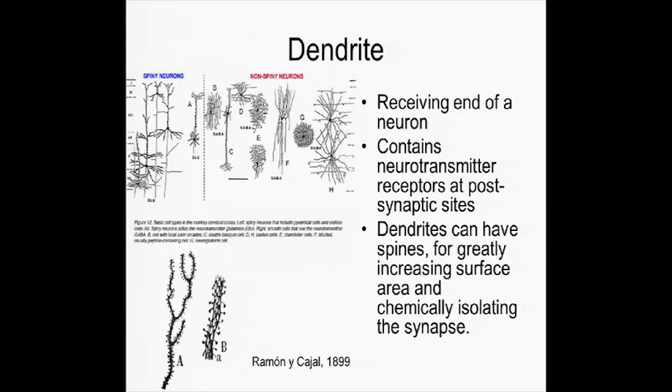It turns out mostly excitatory synapses are spiny, whereas inhibitory synapses tend to be non-spiny. One of the nice things about spines is that they dramatically increase the amount of surface area. If you have to receive 15,000, sometimes up to 50,000 synaptic inputs, that takes up a lot of surface, and one way to do that is to make little bumps to increase the surface area.